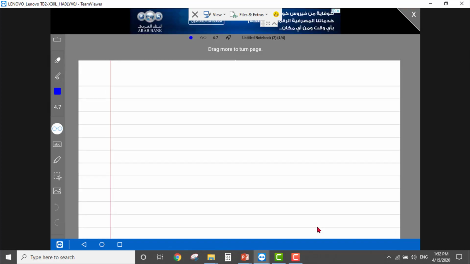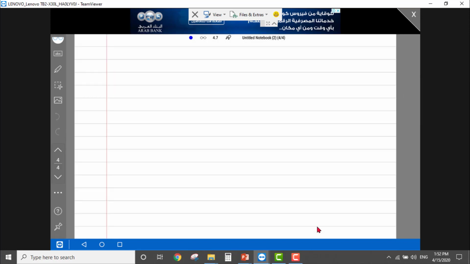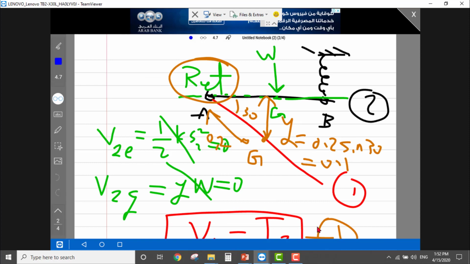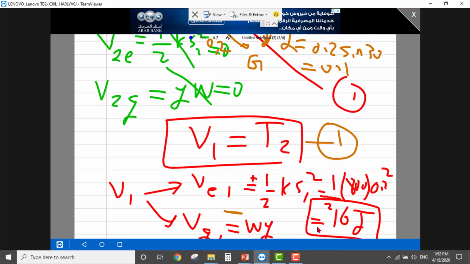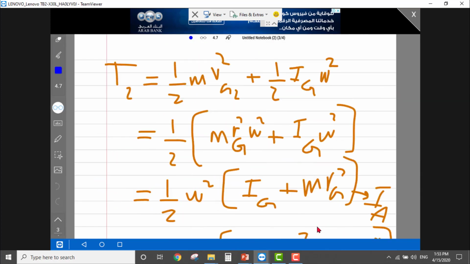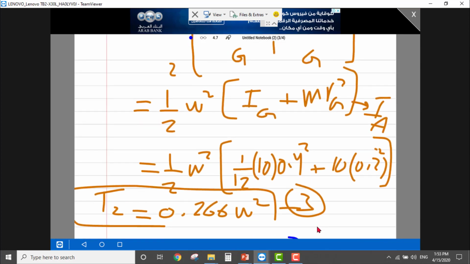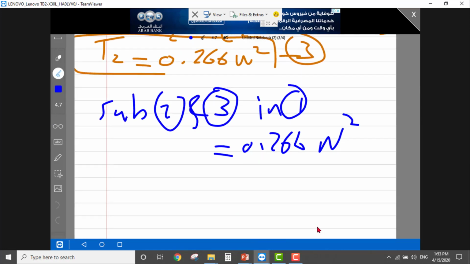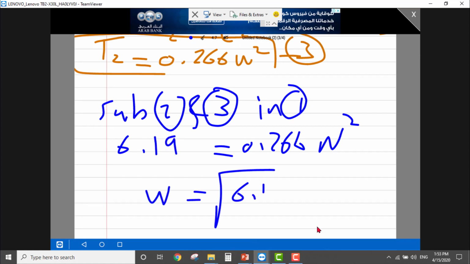V1 was 6.19. So omega equals the square root of 6.19 divided by 0.266, and this is equal to 4.82.